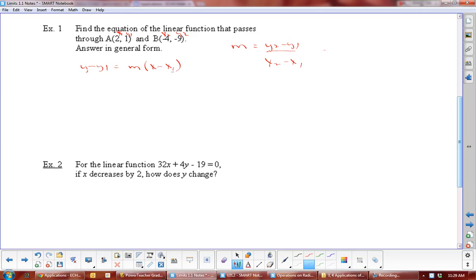So to find the slope, I would go -9 minus 1 over -4 minus 2. That would give you -10 over -6, which equals 5/3.